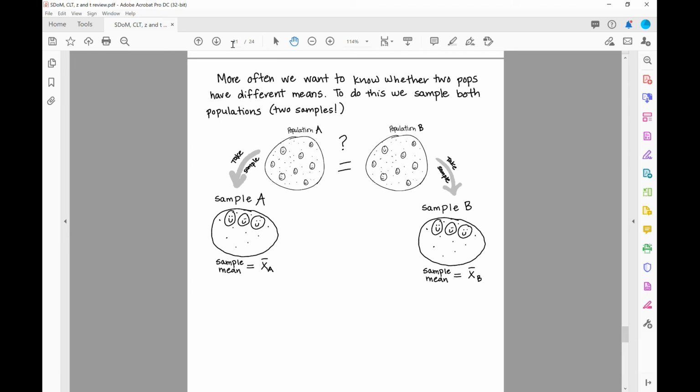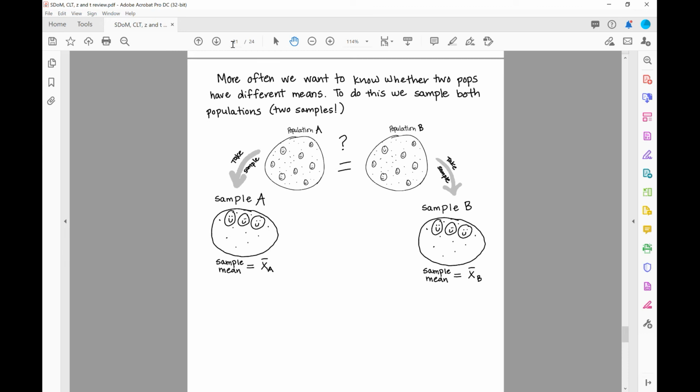Maybe for struggling readers in elementary school, they come up with a program that's supposed to help them learn how to read better. So we give one group this program and we don't give another group the program, and then we compare them and see, well, is there a difference between these two, without the program versus with the program?